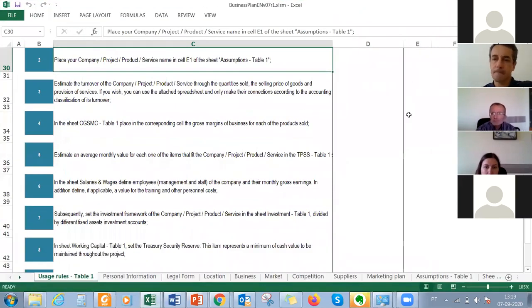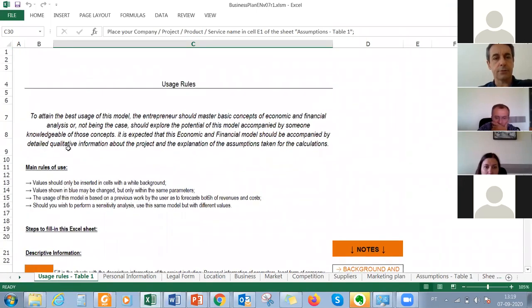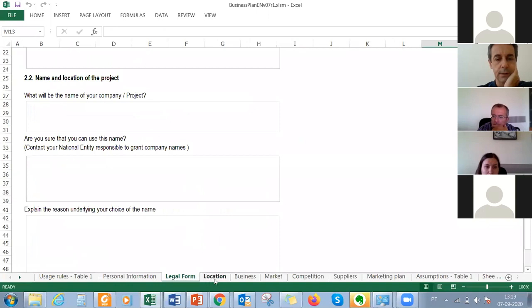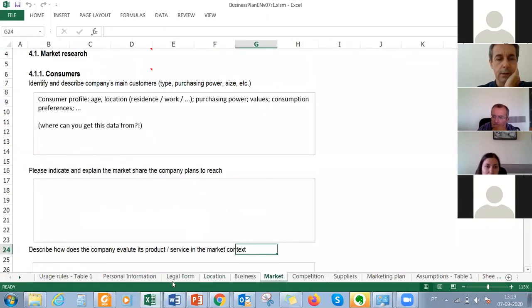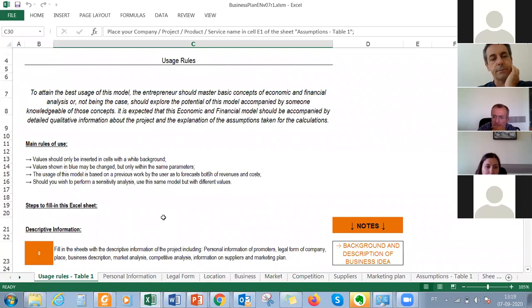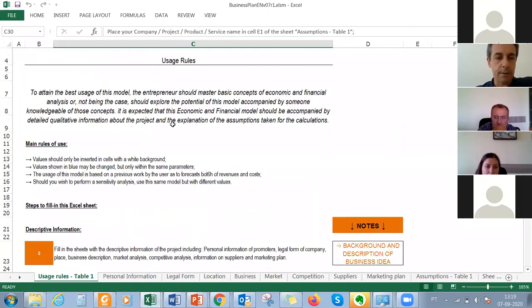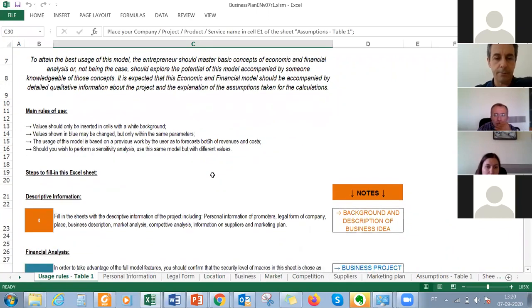It is an Excel structure, with different sheets, as you can see. Okay. So the first is about some rules that students, or anyone, should follow to use this simulator.